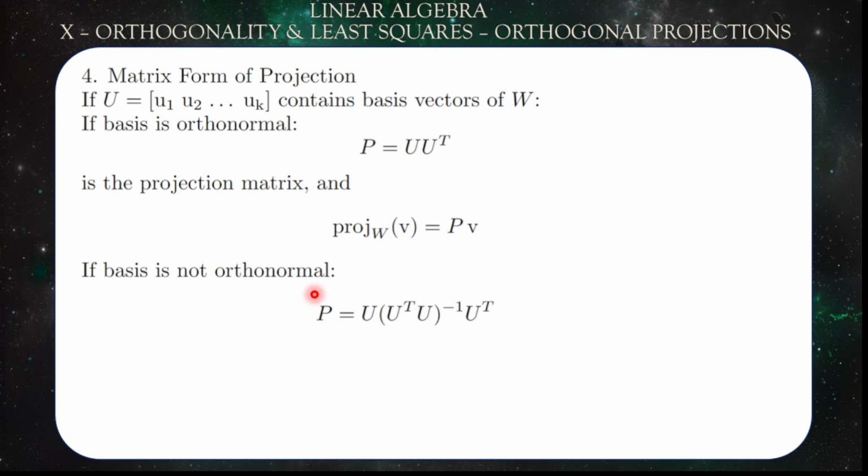If the basis is not orthonormal, P is equal to U times the inverse of U transpose U, multiplied by the transpose of U. You can memorize them as formulas. It's not necessary to go deep into these things. I've gone a little bit deeper than necessary, depending on your schedule or curriculum, of course.